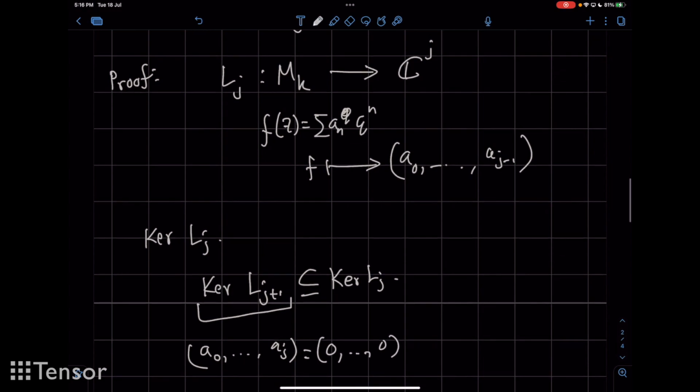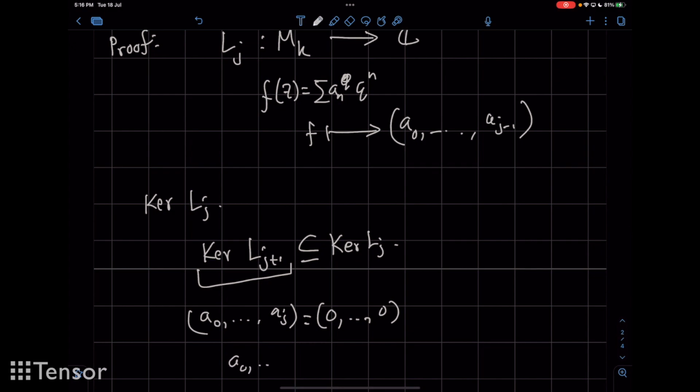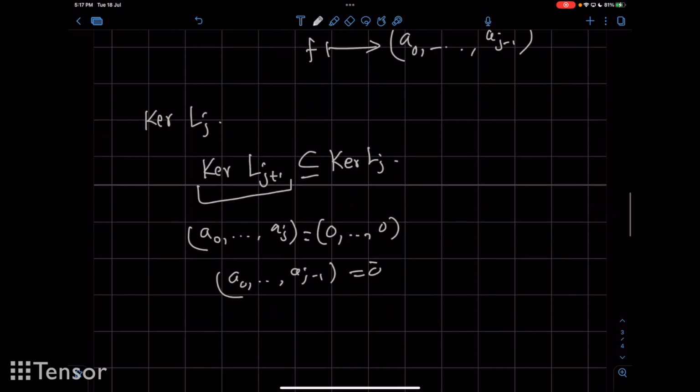So obviously a_0 up to a_{j-1} is also the zero vector. So the kernel of L_{j+1} is a subspace of the kernel of L_j. That means this sequence, kernel of L_1, kernel of L_2, kernel of L_3, and so on, is a decreasing sequence, right?